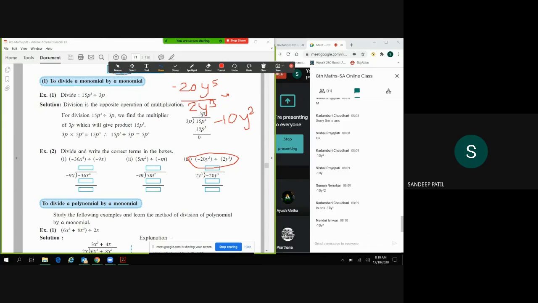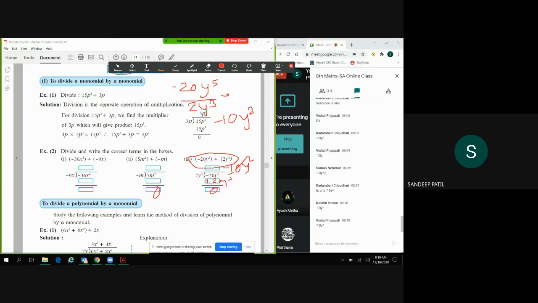So what is the answer? Minus 10 y square. From this we can observe that if we multiply minus 10y square back, it becomes minus 20y raised to 5, and the remainder is 0.